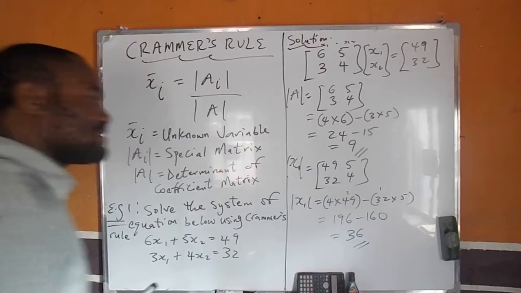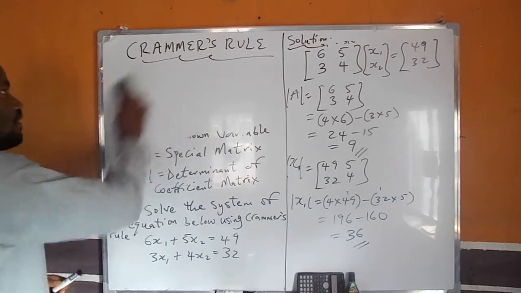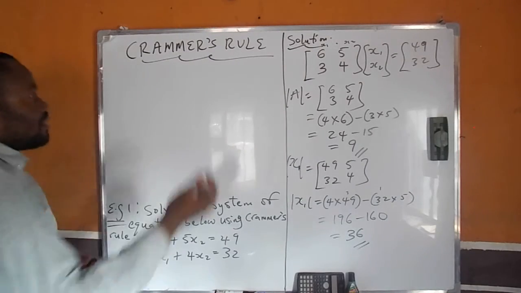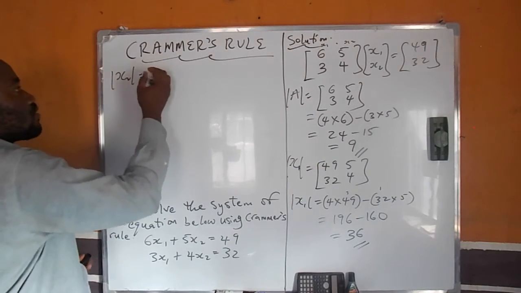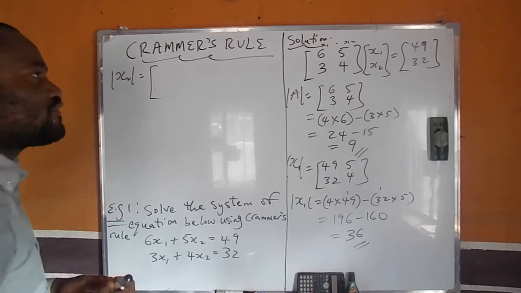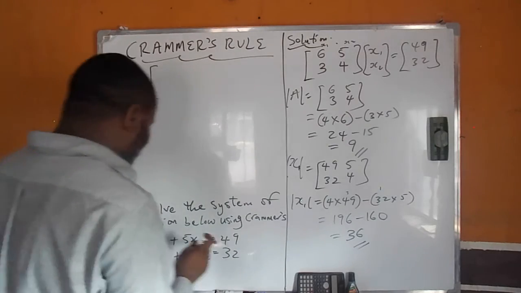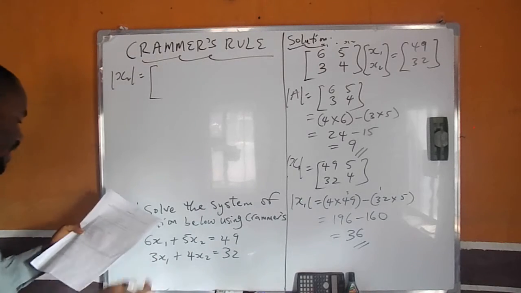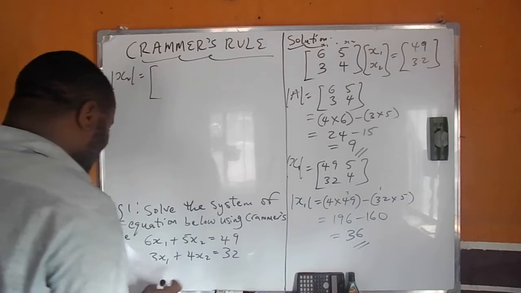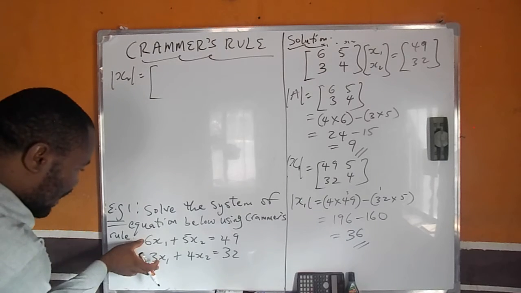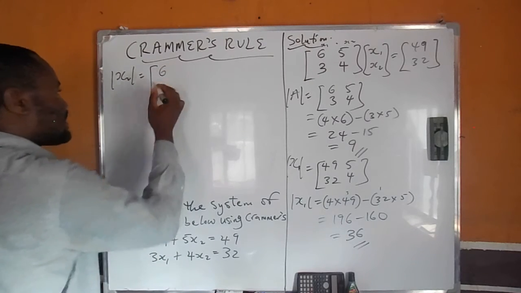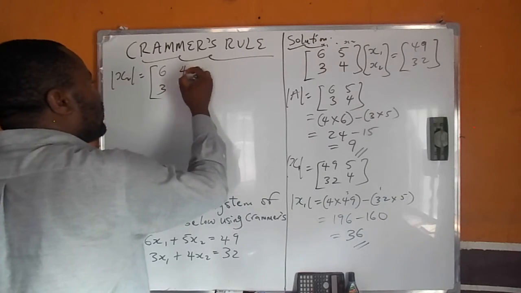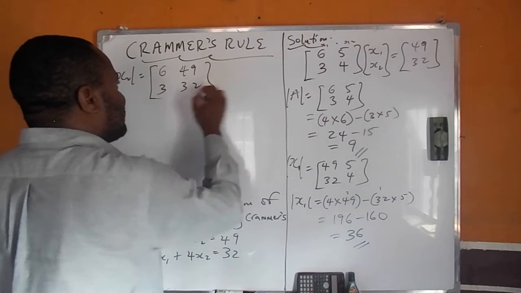Now that we have gotten 36, we can move to our x2. For the determinant of x2, the coefficient column for x1 is 6, 3, so we maintain it, while for x2 we replace the column with the answer values, 49 and 32.